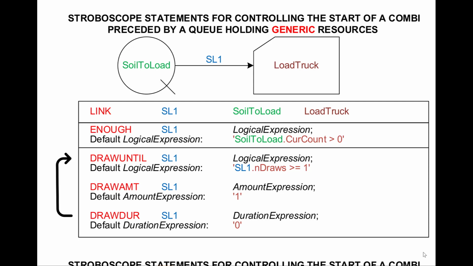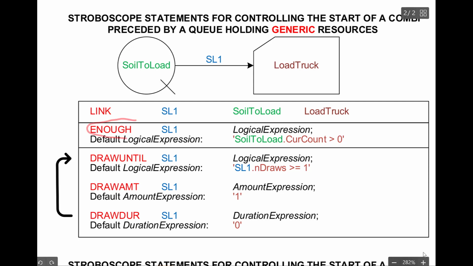To create an instance of a combi load truck, the enough attributes of all incoming links, such as SL1, must be true. So every incoming link has an enough attribute that we can change or define through an enough statement.